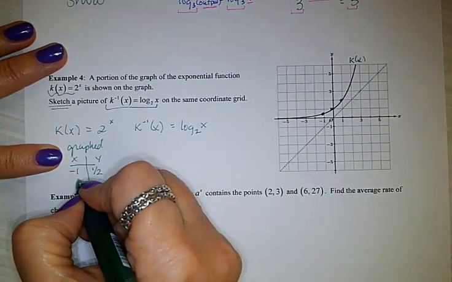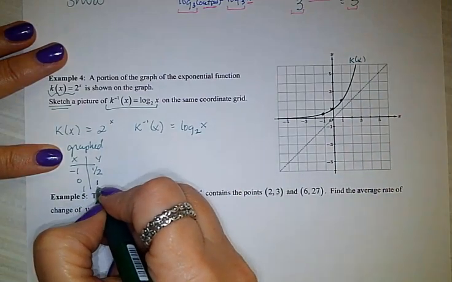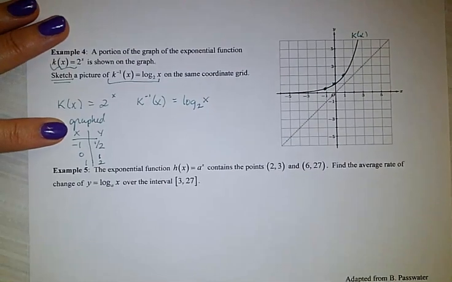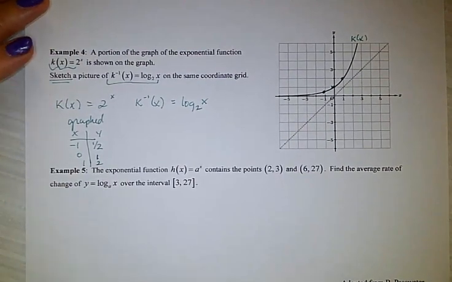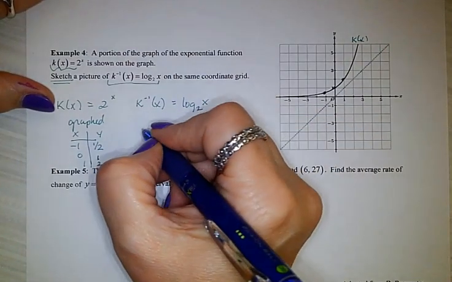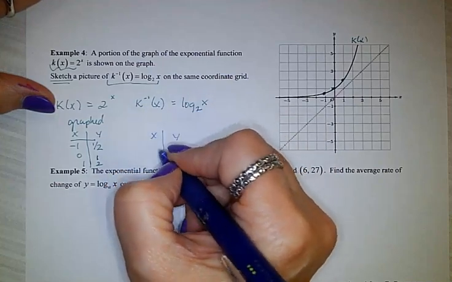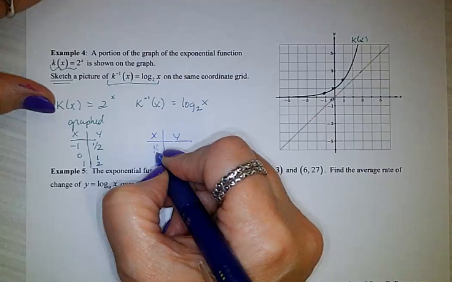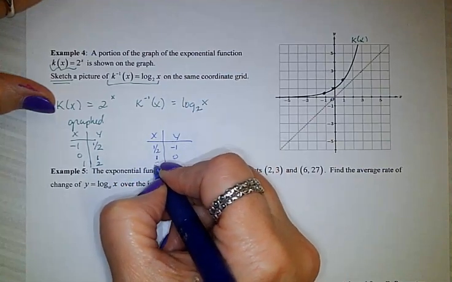I am at 0, 1, and I am at 1, 2. So those are the points that I am grabbing from my graph. And then we know when the domain and range trade places, my inverse graph for this table is simply going to be 1/2, negative 1, 1, 0, and 2, 1.